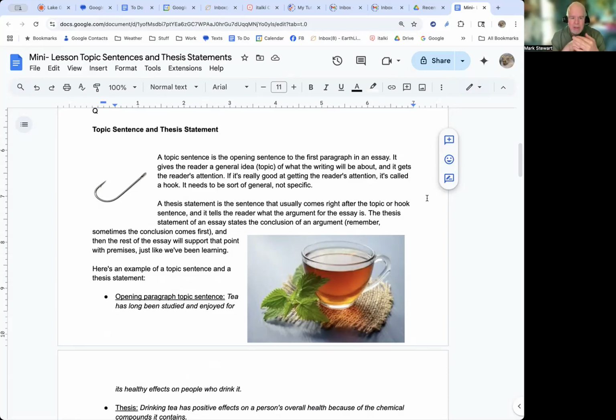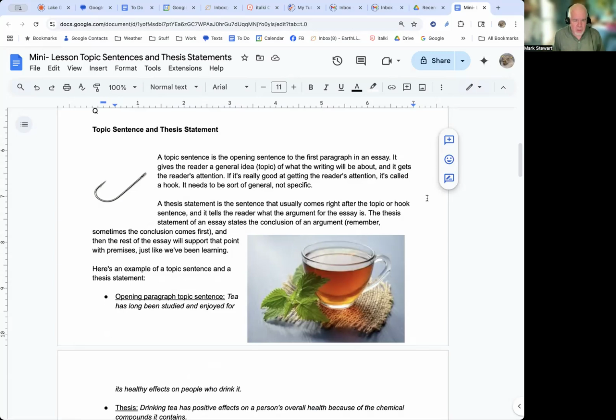And in that thesis statement, that's your conclusion to your argument, right? You're just stating that right there. So first you say, hey, I'm going to tell you a little something about this. And then you say, here's what I believe to be true. And then the rest of the essay is you explaining why they should believe that.